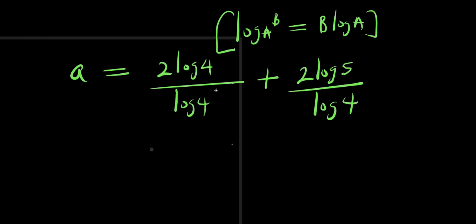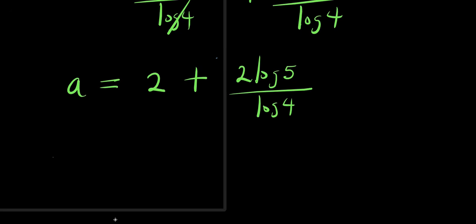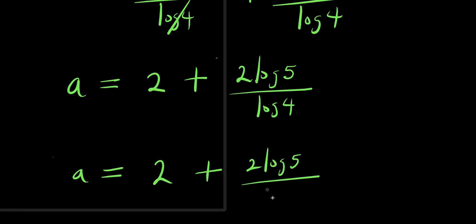So from here, log 4 can eliminate log 4. So we have a equals 2 plus 2 times log 5 divided by log 4. Now 4 is 2 power 2, so I can have a equals 2 plus 2 times log 5 divided by log 2 power 2, which is the same thing as log 4.